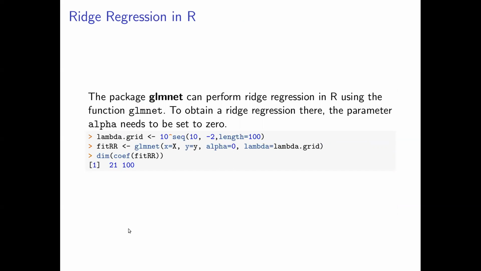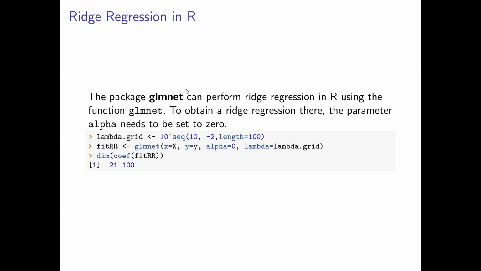For this, we will use the GLM net. GLM net is the elastic net estimator for generalized linear models, and ridge regression is a special case of this, and we will later look at how elastic nets are related to the ridge regression and lasso regression in general.